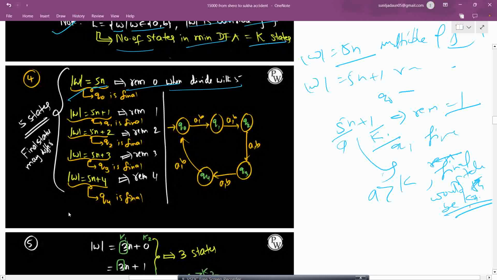So for what is this? 1, 2, 3, 4, 5. 5 states, because divided by 5, we require 5 states.